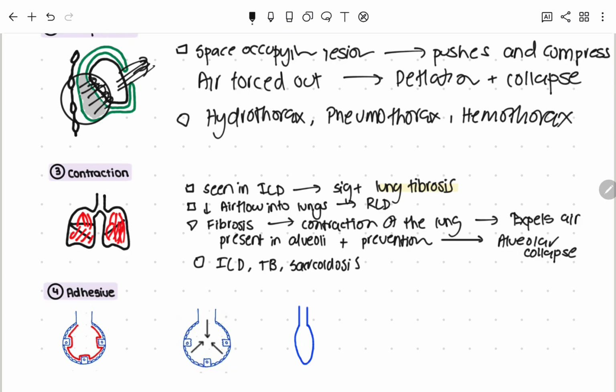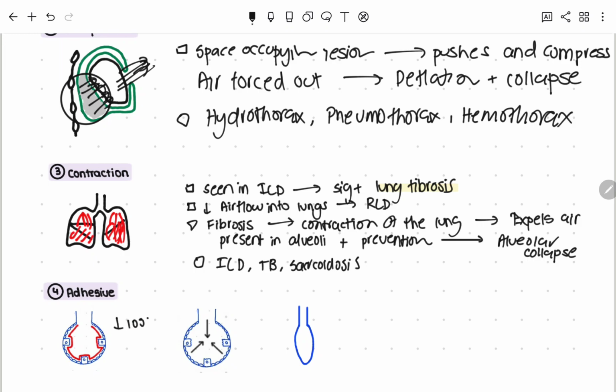Fourth type, which is something we've already discussed, but we have to discuss it separately as part of it being a pathological process in adults, for example, is basically the adhesive type of atelectasis, and this is simply where you lose surfactant, as we had, and then everything that happens is as we discussed in the case of a newborn.